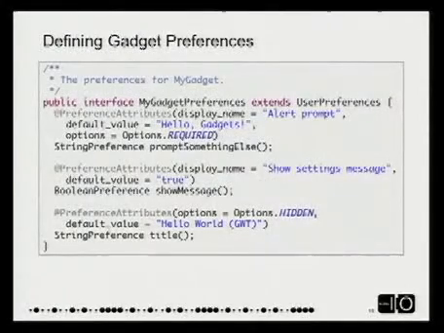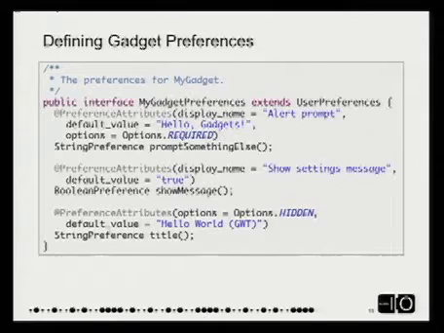Okay, so what does this all mean? That basically means that to define a gadget, you define a couple of different things. You can define your preferences. If you want a gadget that remembers user preferences, this is how you would do it. You declare your version of a preferences interface, and it exposes attributes, like an alert prompt, and its default value is hello gadgets.